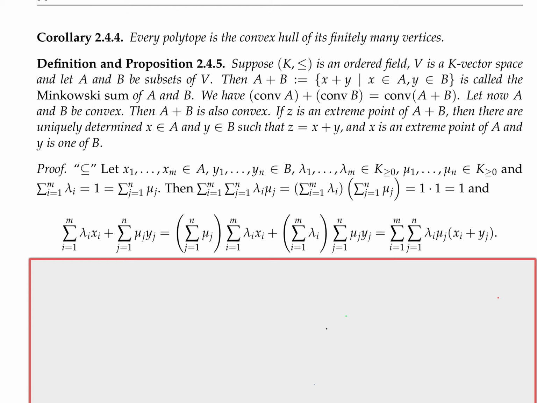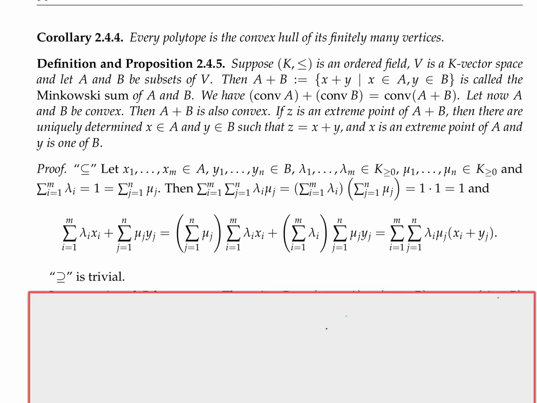And in this case, I can write this as a double summation over i and j. And each time I have lambda_i mu_j, and here x_i plus y_j. Okay.